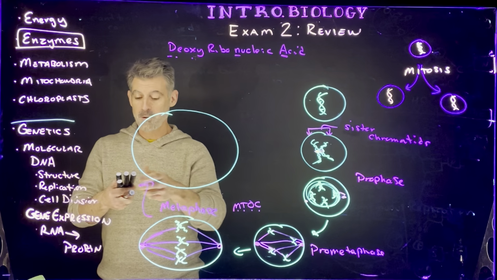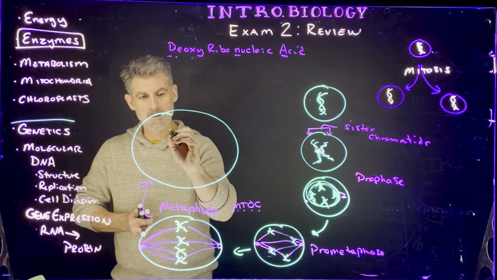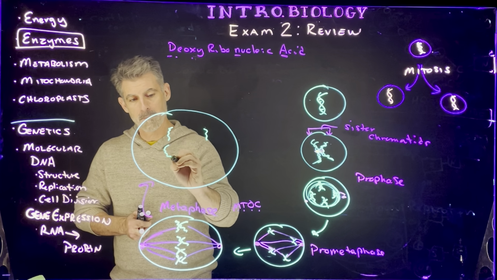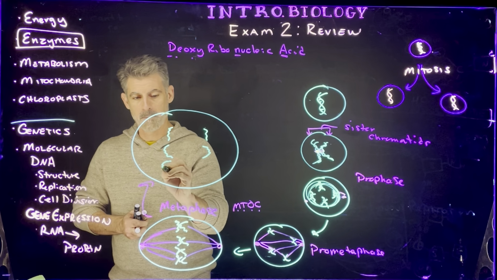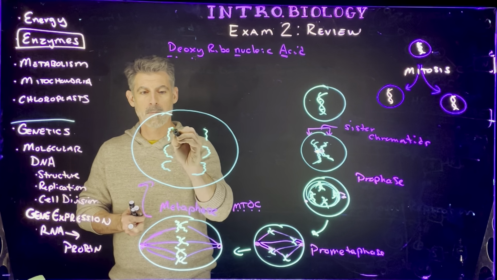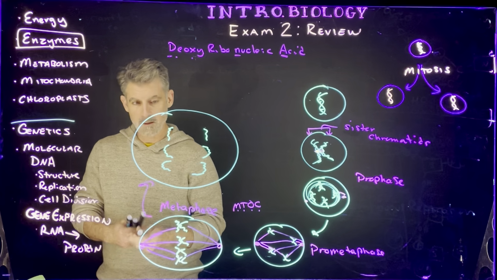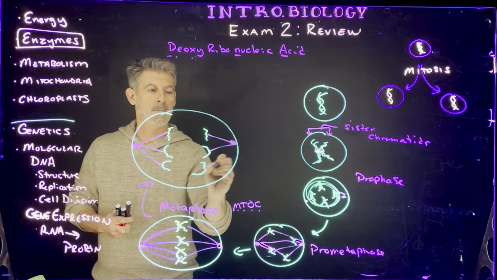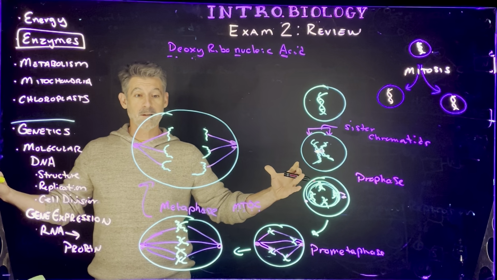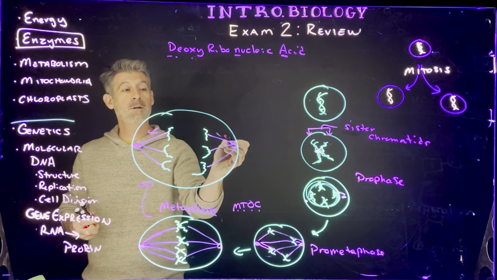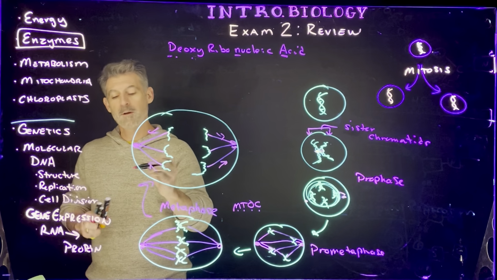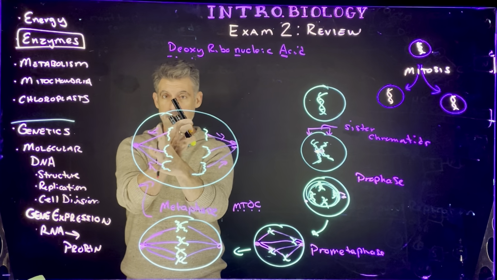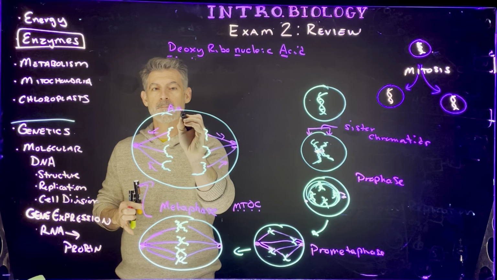And now the two sister chromatids can be pulled to opposite sides of the cell. So there's action here, there's motion, there's movement. When you see photographs of these things, they might look closer, they might look further apart. They're all different because this is a stage of motion, this anaphase.